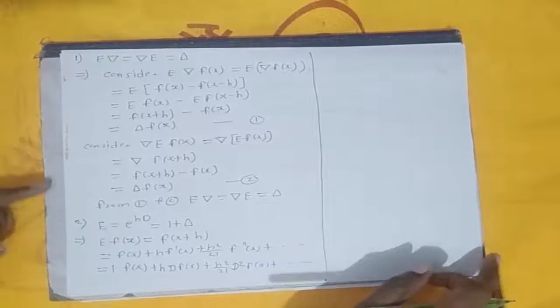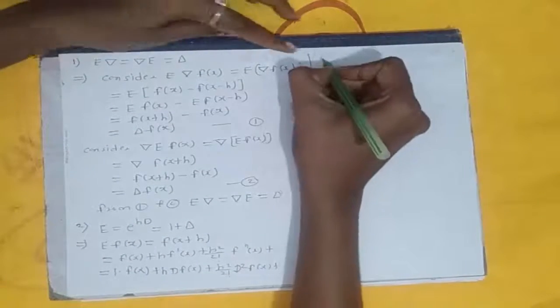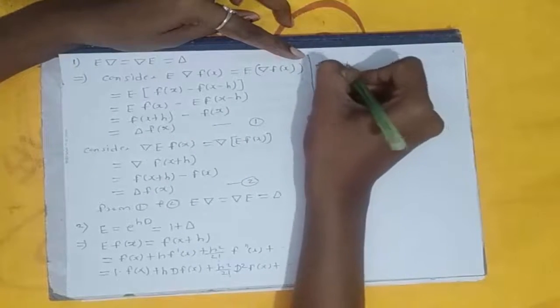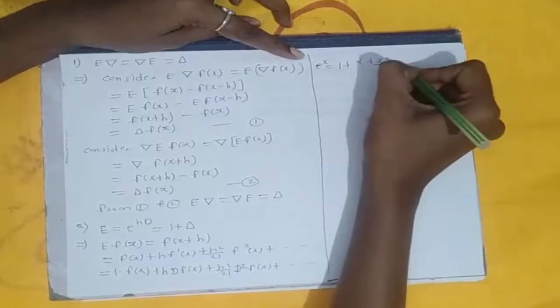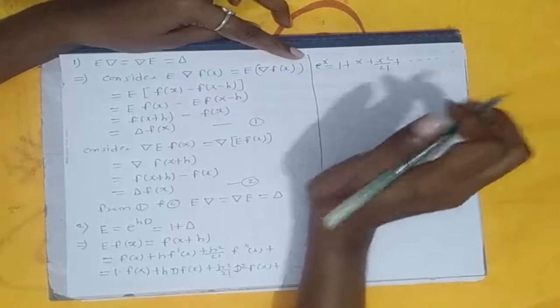Okay, so we know the series expansion for the function e raised to x is equal to 1 plus x plus x square divided by 2 factorial plus x cube divided by 3 factorial and so on.